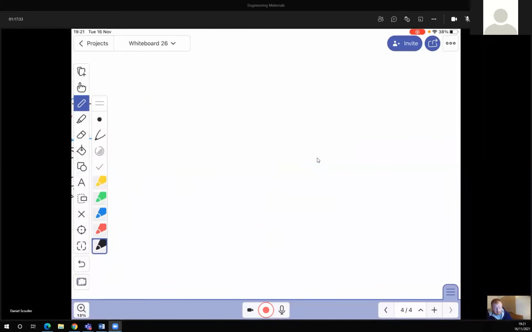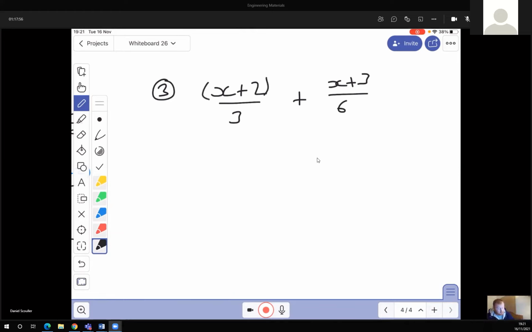Let's throw in a wee complication. If we had the terms on top, same thing applies, you follow the same process. I would instantly put some brackets around that term on the top, because I know I'm going to be multiplying them up and it will just keep me right.